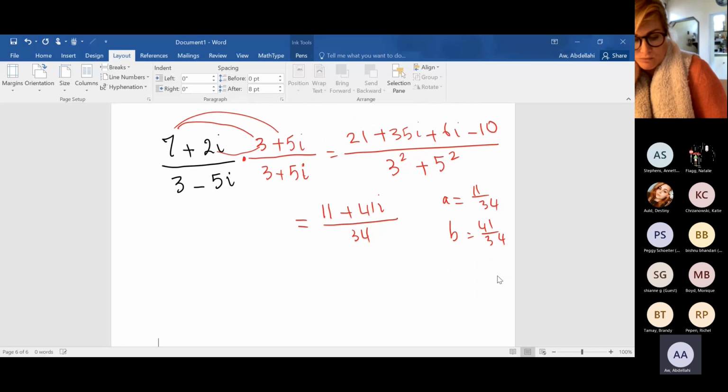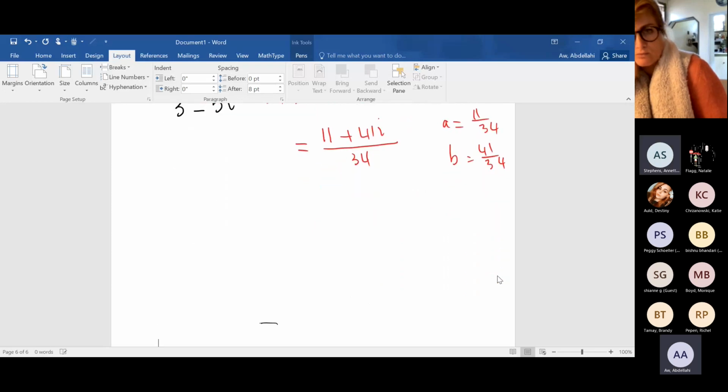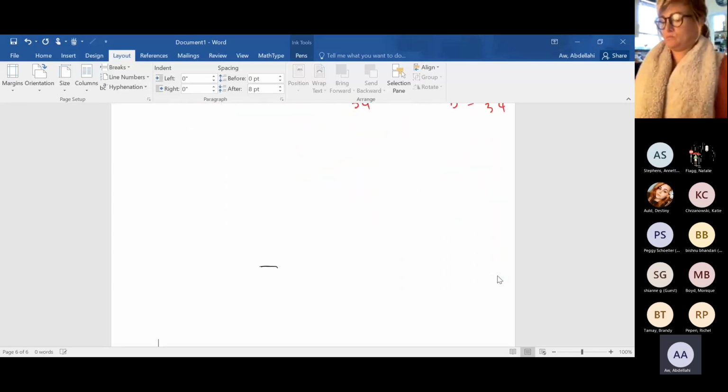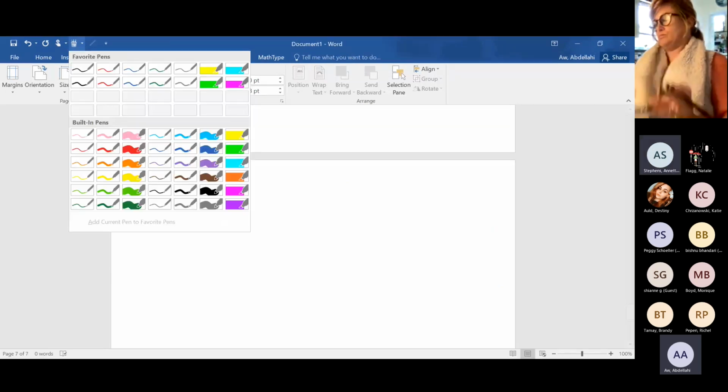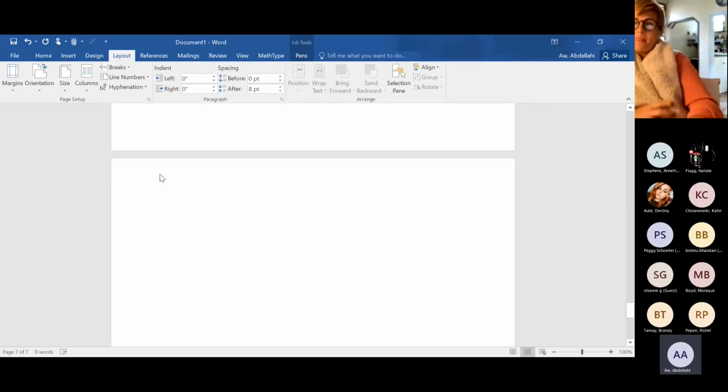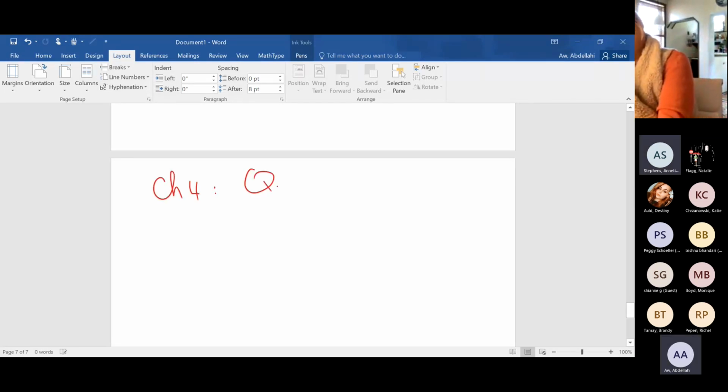Chapter 4 is about how to solve quadratic equations. The only method we saw so far was solving by factoring. Now, in this chapter 4, we're going to see some other methods.